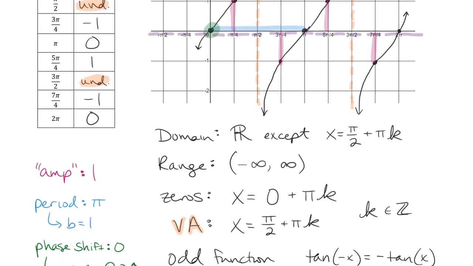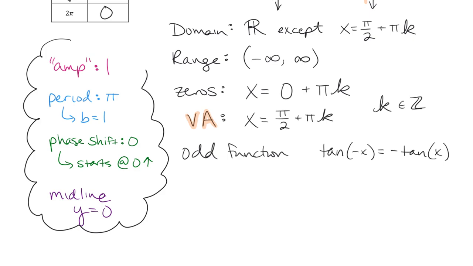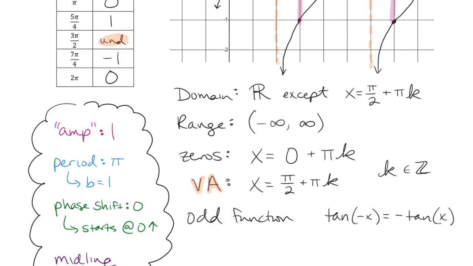We have not scooted this graph up or down at all, and so the midline is the same. The midline of the basic tangent function is y equal to 0. If your graph has been moved up or down to where the middle points are not on the x-axis, your midline would be different.